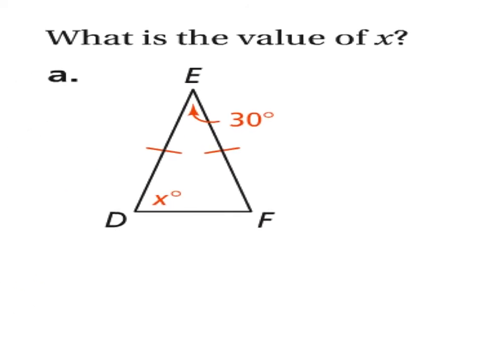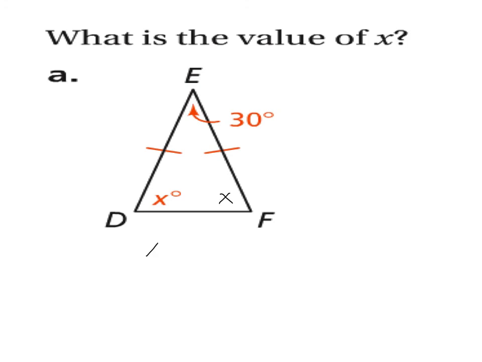Again, hit pause and see if you can find the value of x. Okay, now that you're back, let's take a look and figure out how to complete this. You'll notice this is an isosceles triangle again, and this right here is a base angle. That's x. Well, we don't have a marking here, but if that's x, then this base angle also has to be x.